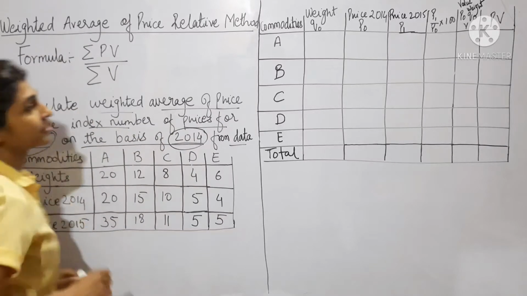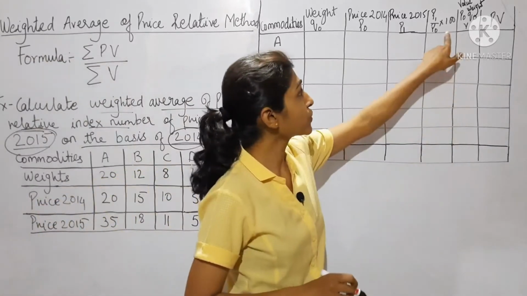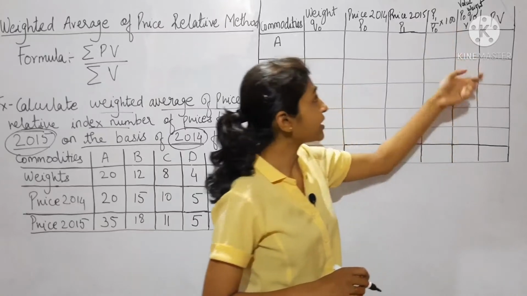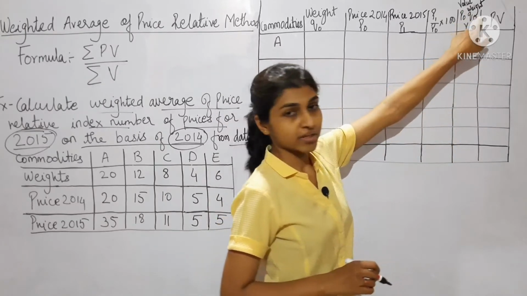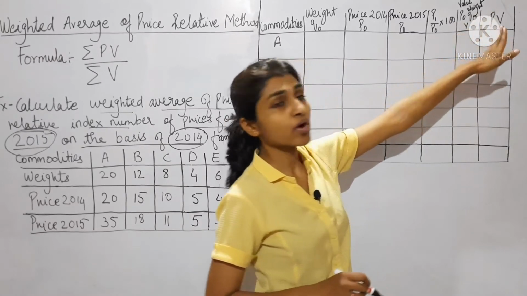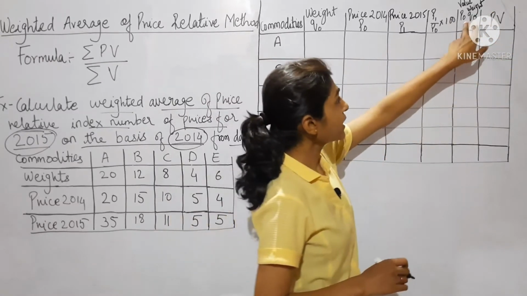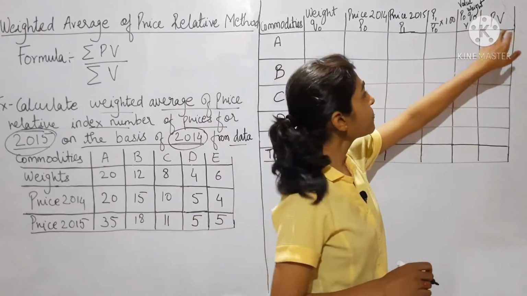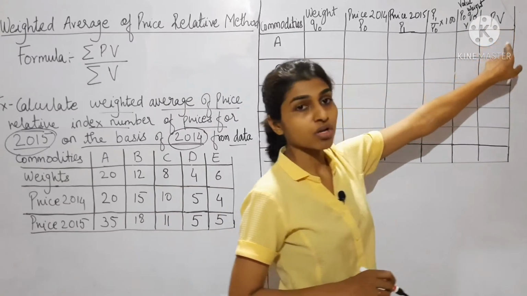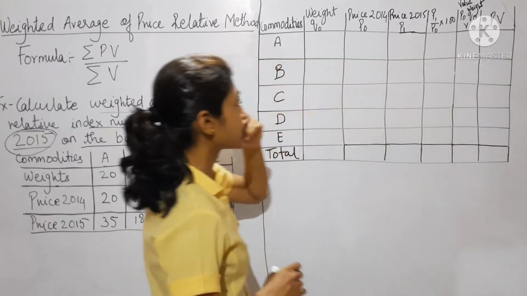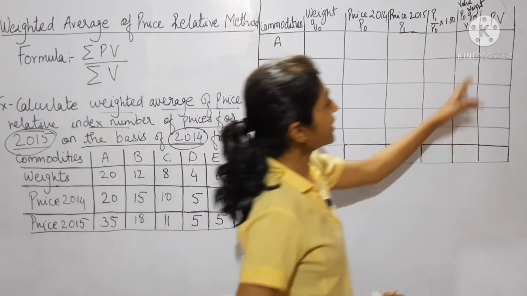Next is value weight, V, which we find by P0 Q0. Then the last column is PV, which means price relative multiplied by V.